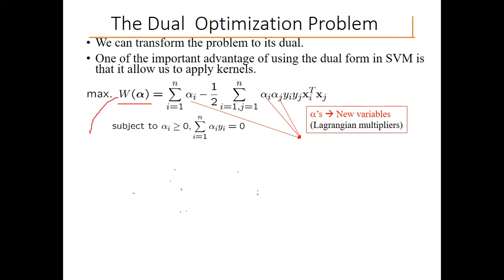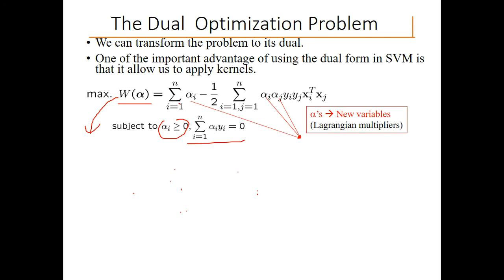Now you differentiate this quantity with respect to all the Lagrangian constants, because now it became an equality constraint, except this one, which anyway is non-negative.